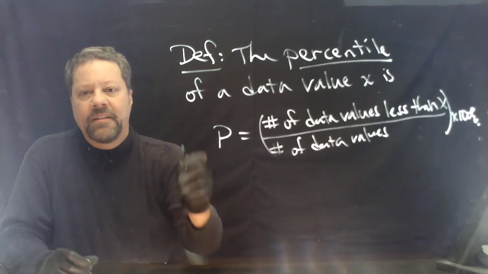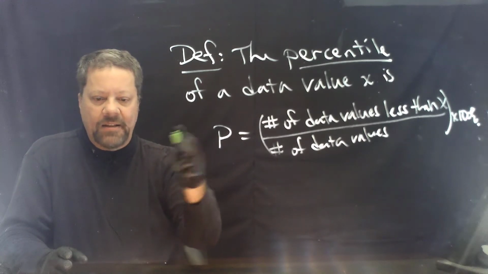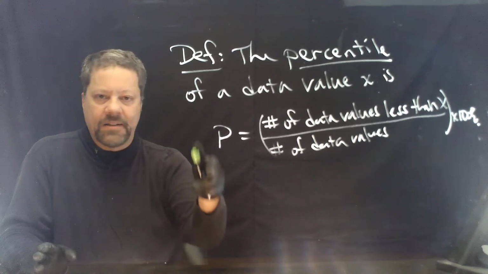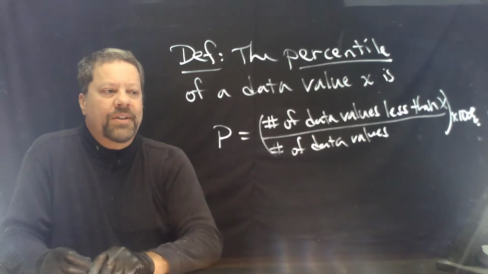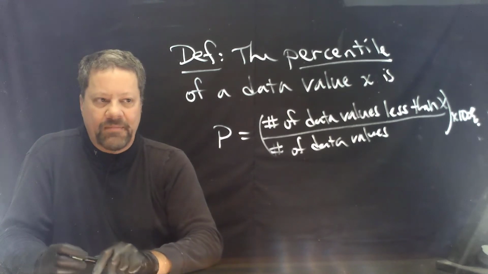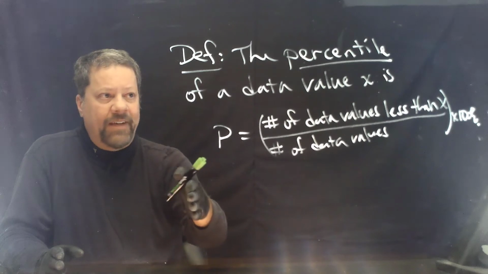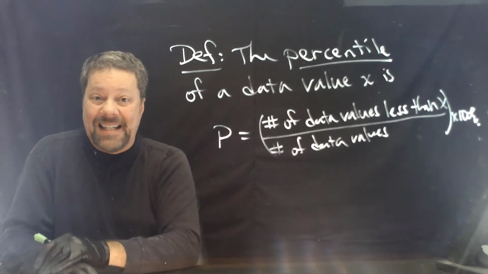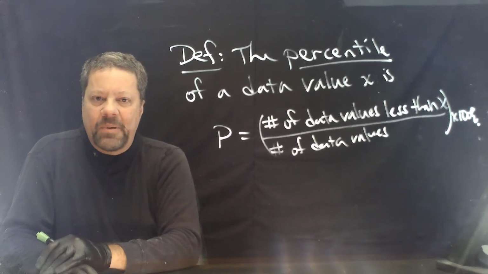If you have 100 people and this one person gets 100% and everyone else gets less on some exam, what is the percentile of that person? Well, that person is the top 100, so the number of data values less than that would be 99, and so this person would be in the 99th percentile.